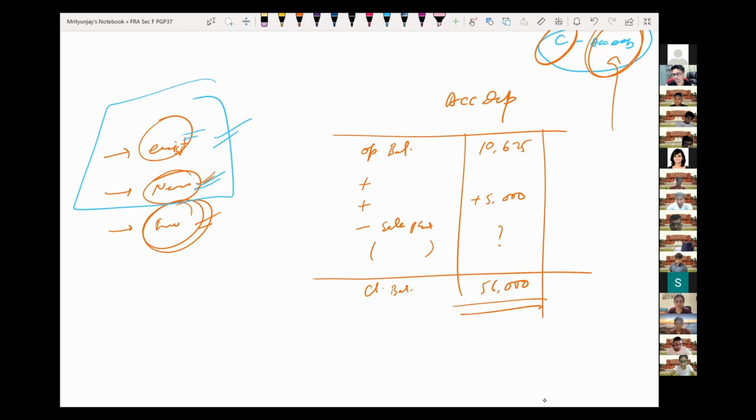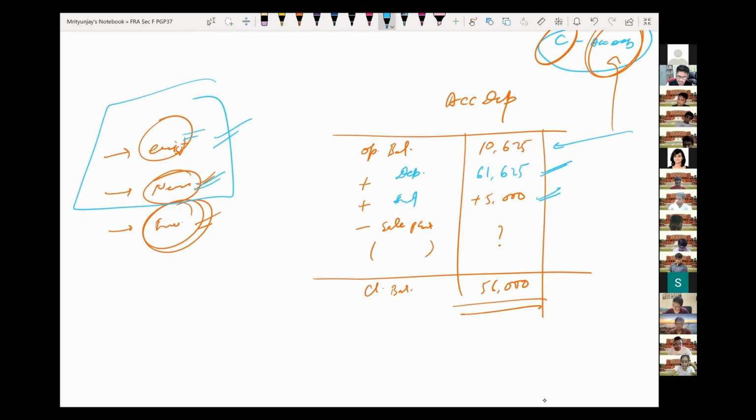Tell me. 61,625. So basically, our accumulated depreciation started with 10,625. Because of this year's depreciation in the income statement, it should go up by 61,625. Because of the depreciation in the inventory, it should go up by 5,000.